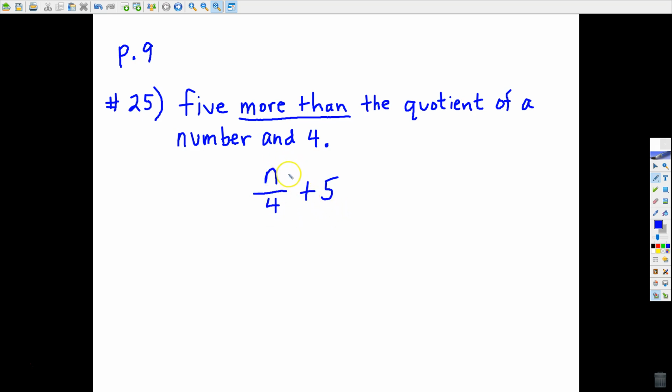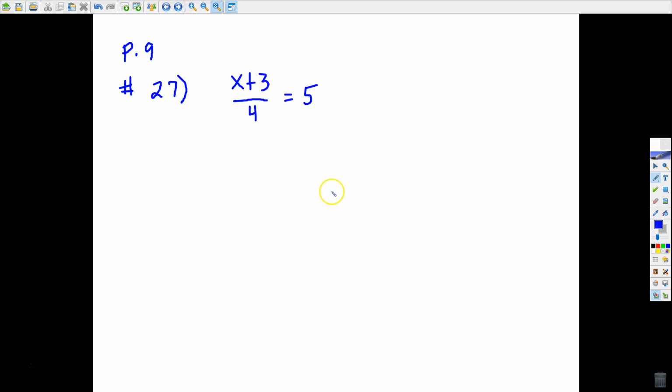Okay, so what we've done here is we've taken this verbal expression and converted it into an algebraic expression. And don't get caught up if you use a different variable besides n. That's okay. No problem there. All right, so that's your answer for number 25. Let's move on. Number 27.